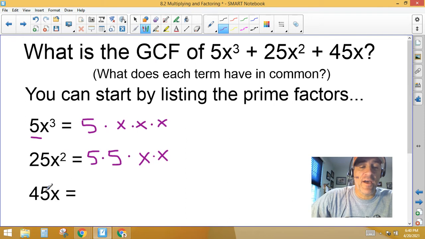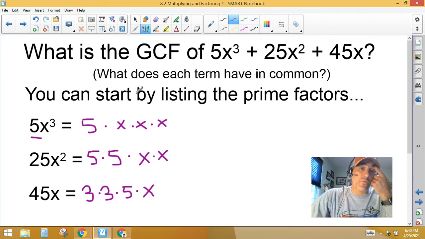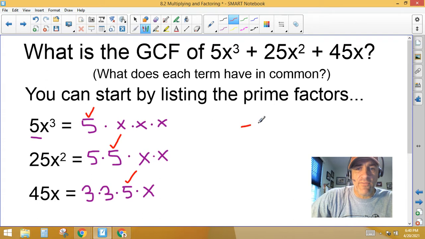Now, what about 45? Well, 45, it breaks down to 9 and 5. But 9 can be broken down into 2 3s. 3 times 3 times 5, and then an x. So now, once I have my list, I can go and scan. What do they all have in common? They all have a 5 here. Here's a 5. Here's a 5. So they all have a 5. That's great.